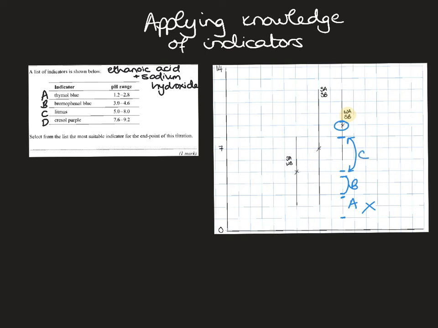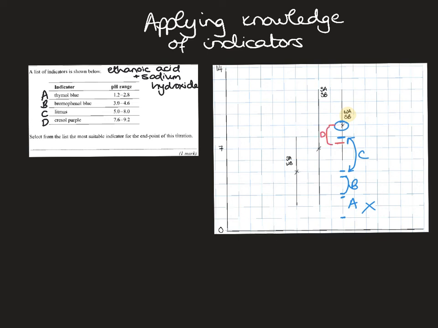So let's look at Cresol purple, which was 7.6. So that's, I'll just pick up a different colour so it's easier to see. That's going from about here to about 9.2 or 9.3. So it's going from here to here.